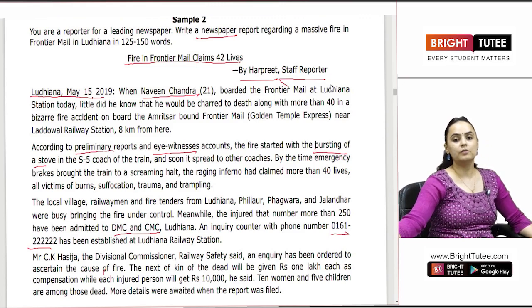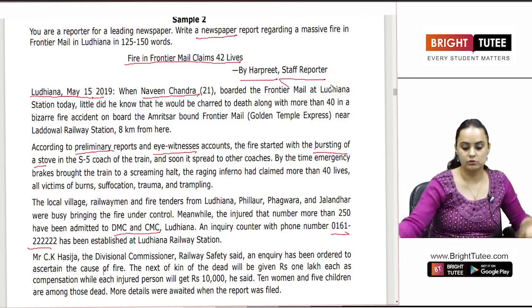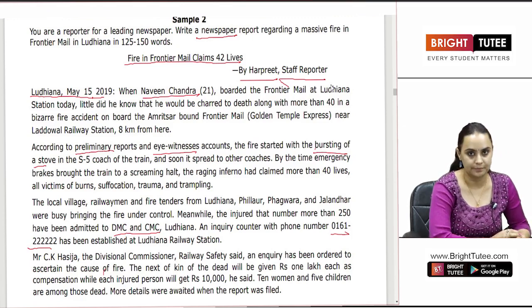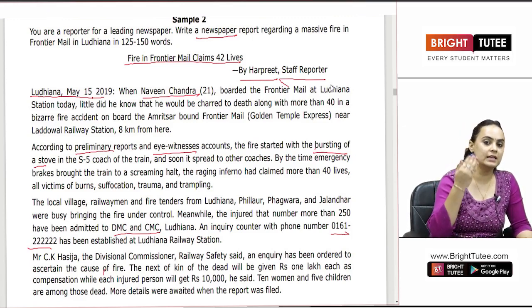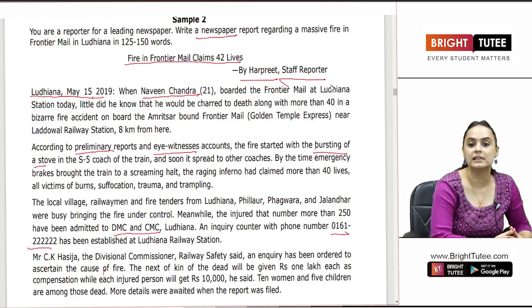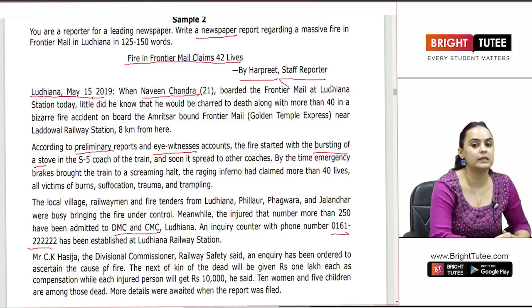So, as you can very clearly see, dear students, the format of writing both the types of reports is same. You begin with a headline, then byline, and then in 3 to 4 paragraphs, you explain the entire incident. The only difference between a magazine and a newspaper report is the use of language.